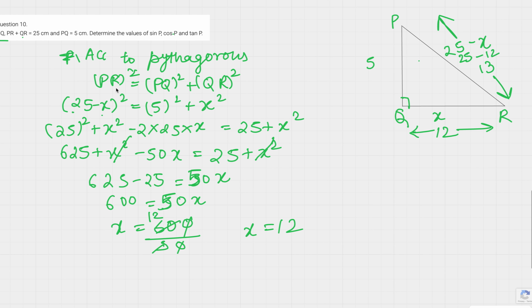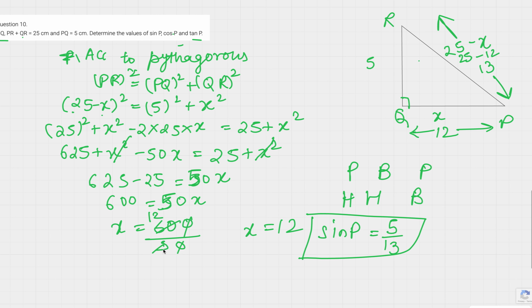Now we will easily calculate what we need, because we have to find sin P, cos P, and tan P. So let's consider this as P and this as R. This is our formula. Sin P, sine is perpendicular by hypotenuse, 5 by 13.